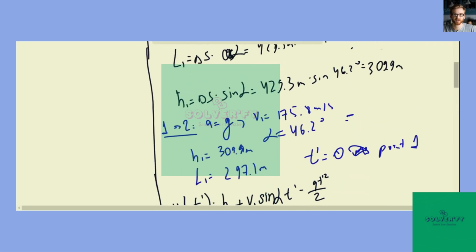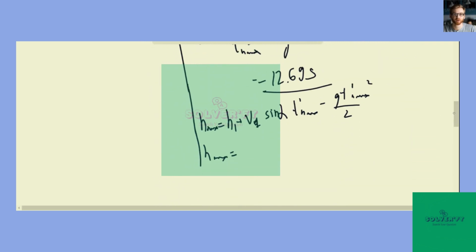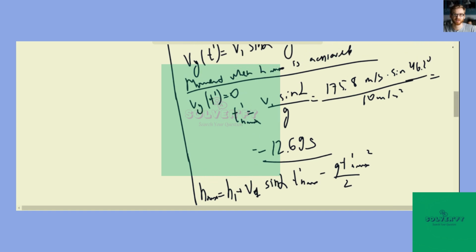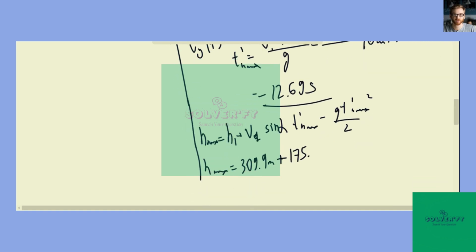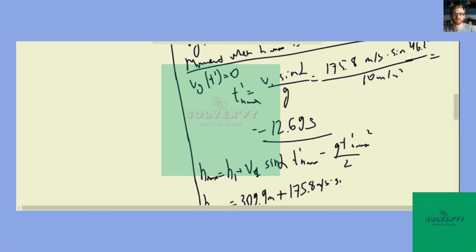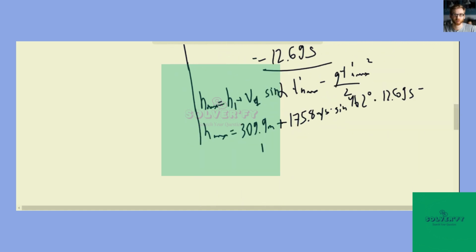It equals h1, which is 309.9 meters, plus 175.8 meters per second times sine of 46.2 degrees times 12.69 seconds, minus 5 meters per second squared times 12.69 seconds squared.